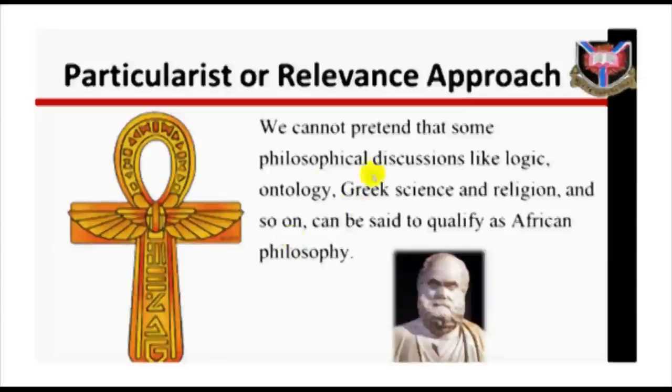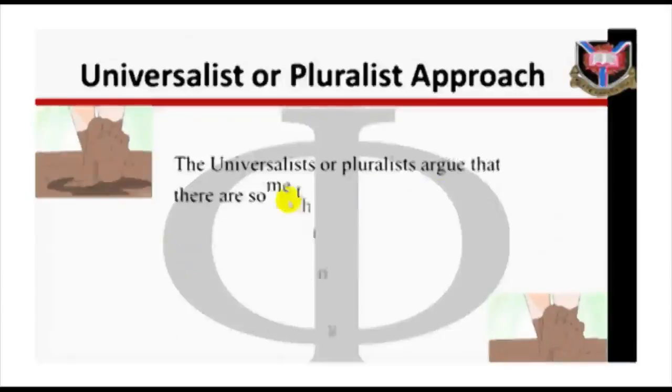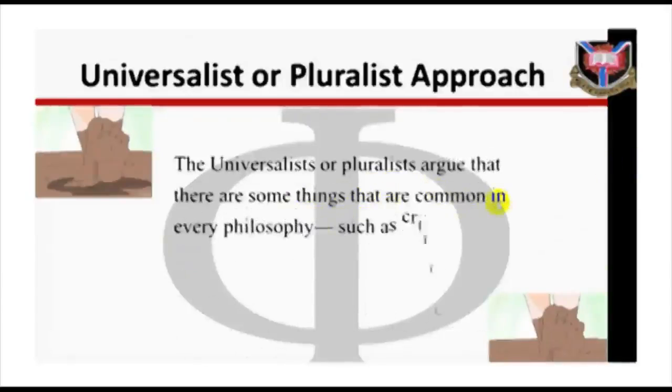Again, we cannot pretend that some philosophical discussions like logic, ontology, Greek science and religion, and so on, can be said to qualify as African philosophy. In fact, it doesn't help the development of African philosophy for us to include such discussions in African philosophy. Some members of the particularist group are Godwin Sogolo and Olusegun Oladipo, among others.